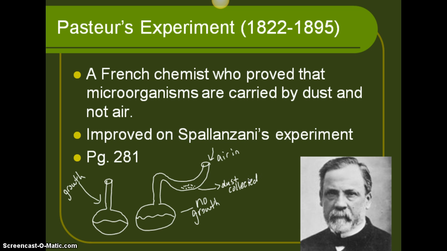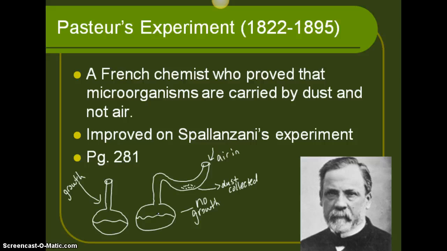And so he was trying to prove that the microorganisms were actually on this dust. They were kind of living on this dust, and they couldn't get in because they couldn't go past gravity basically and go back up and fall into the broth. So he showed that there's no growth in that meat broth.